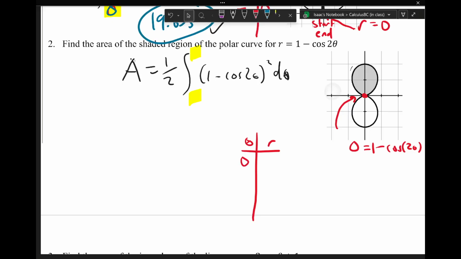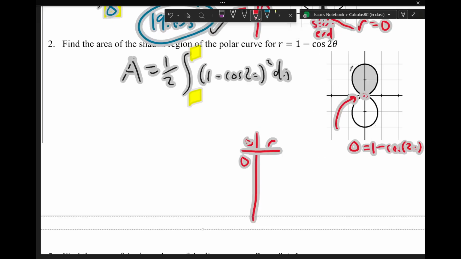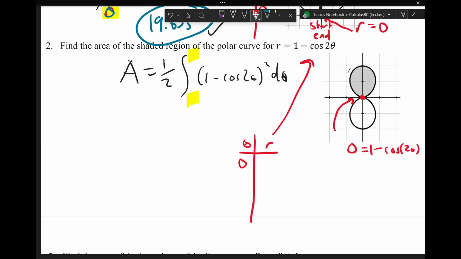But I don't know for sure, so I'll plug it in. Okay, so right here. If I plug in 0 for theta, I get 1 minus the cosine of 0, which is 1 minus 1, which is 0. So that's good. So I can start at 0, but now I have to figure out how much of an angle has to go before this and then stop.